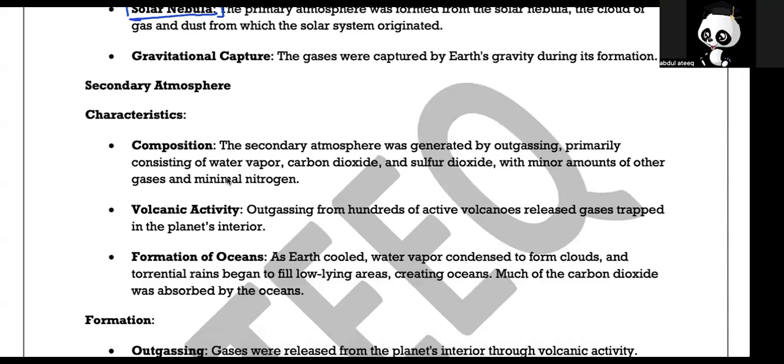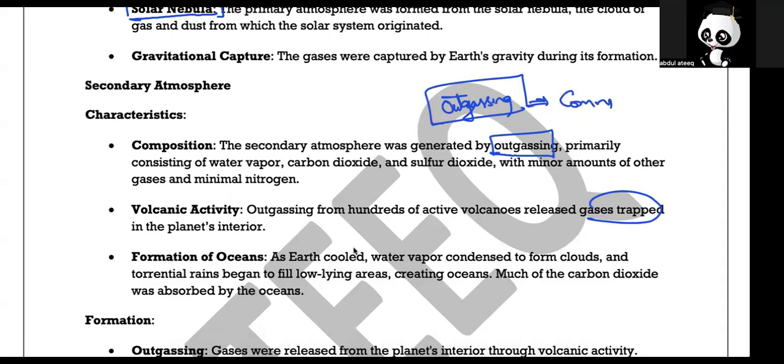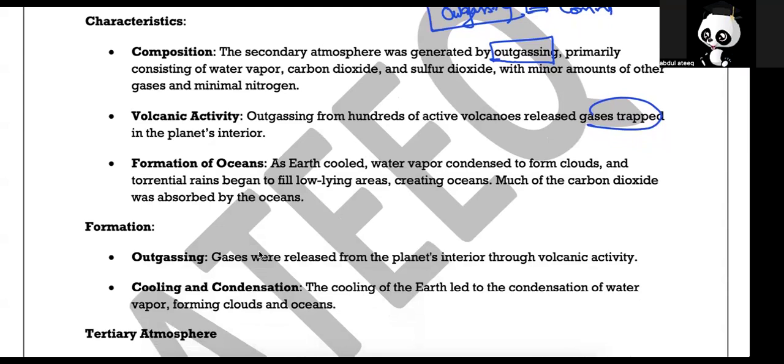Then there was a secondary atmosphere. In the secondary stage, various gases that were trapped in the interior of the earth got released, and that process is called outgassing. Outgassing is a very important keyword. Outgassing means the trapped gases present in the interior of the earth are coming out. Because of this, you got new gases primarily composed of water vapor and carbon dioxide.